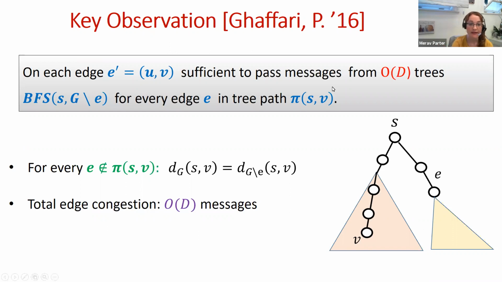That is, for a given edge uv, we claim that it's not really necessary to send the BFS tokens of all these n BFS trees, but rather of much fewer trees.